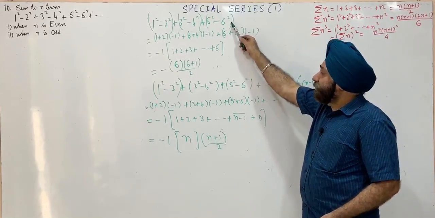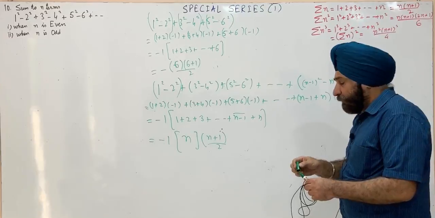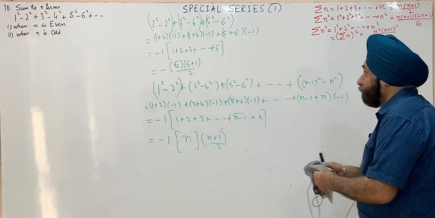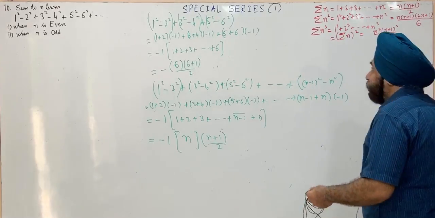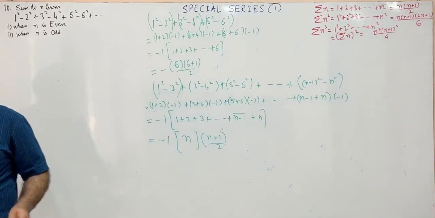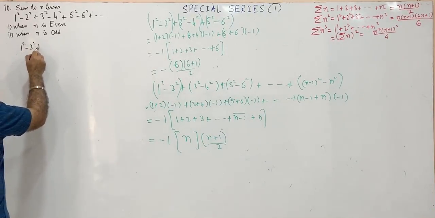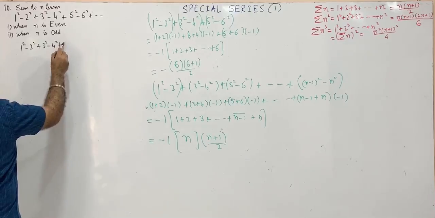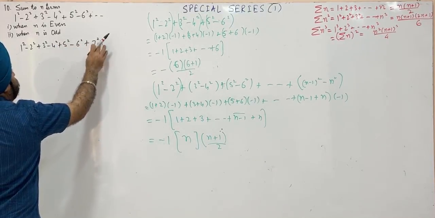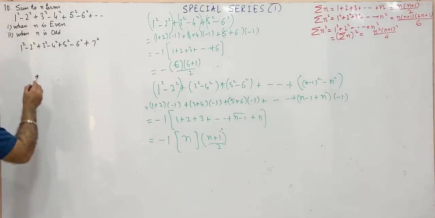So you can always scale down the question and then do it for n. And the second part, when n is odd. When n is odd, let us say we have 7 terms: 1 square minus 2 square, 3 square minus 4 square, 5 square minus 6 square, and plus 7 square. So this is when n is odd, n is 7.